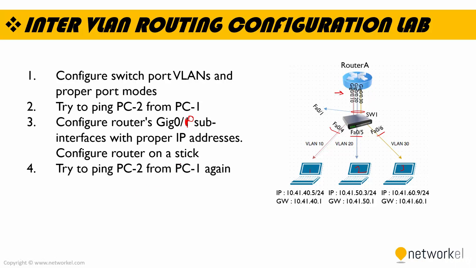And let's go. First, I'm going to make the configuration of the switch. I will create VLAN 10, 20 and 30, and I'm going to attach Fast 0/4 to 10, 0/5 to 20 and 0/6 to 30, and these will be switchport mode access.